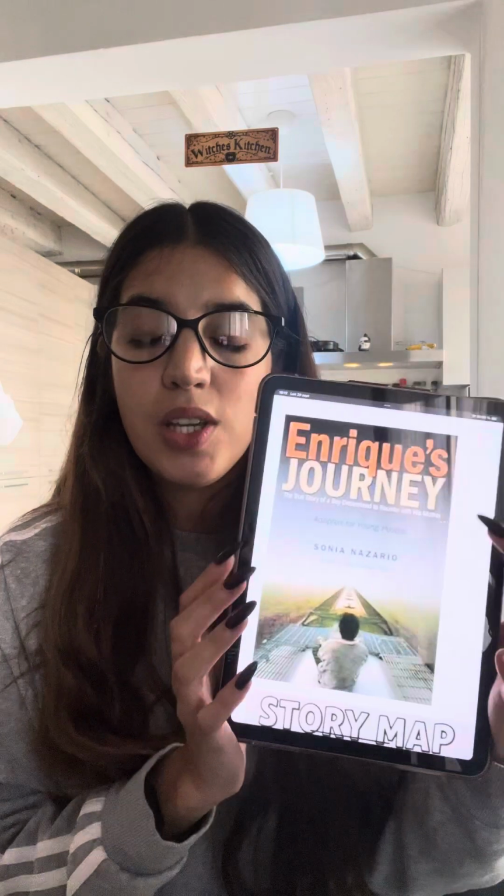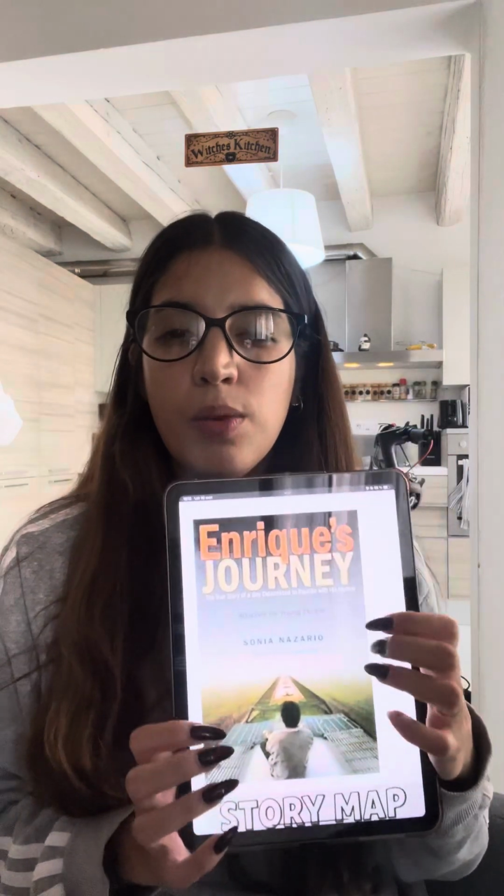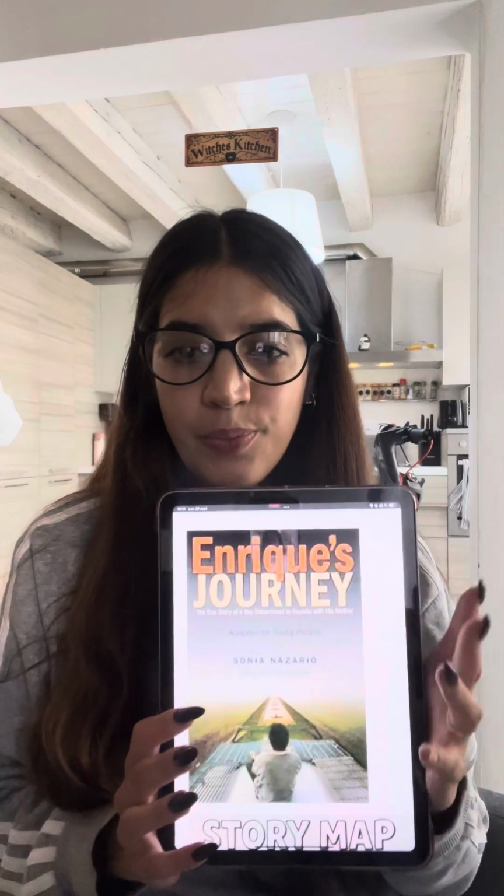And then for my middle class, I choose the young version of Enrique's Journey. This is a text that talks about a boy who travels from Honduras to the United States.